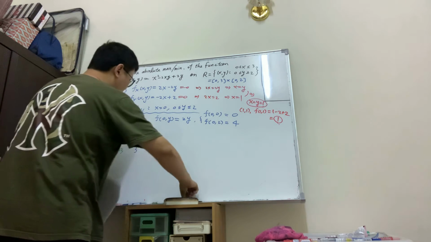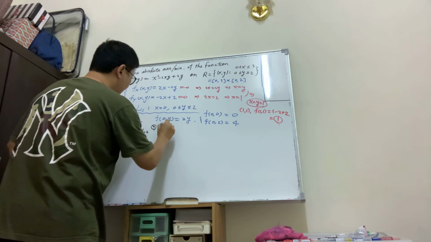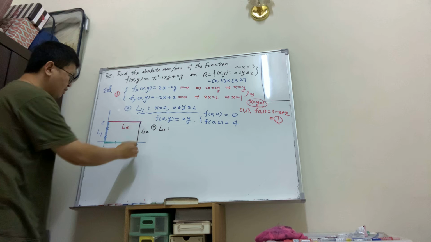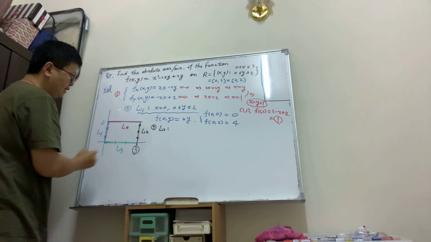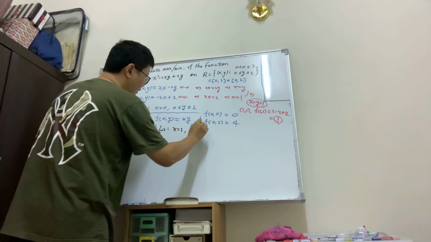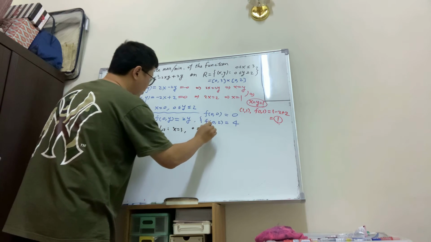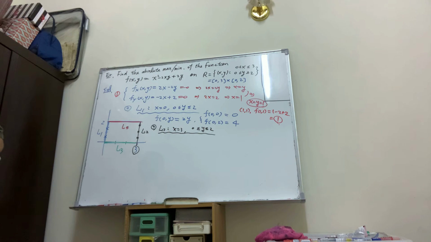And now next we consider L2. On L2, all the points have x coordinate equal to 3. So it's the case when x equals 3, and y is still between 0 and 2.